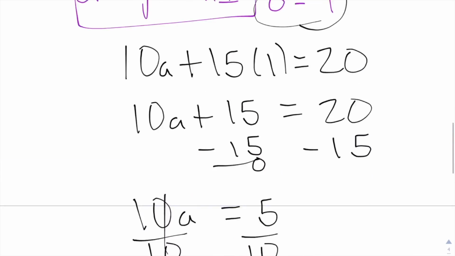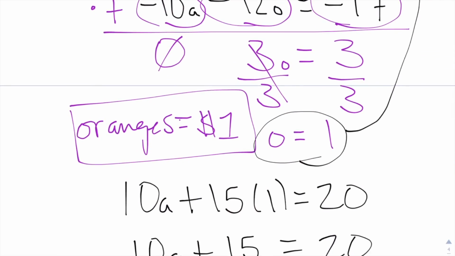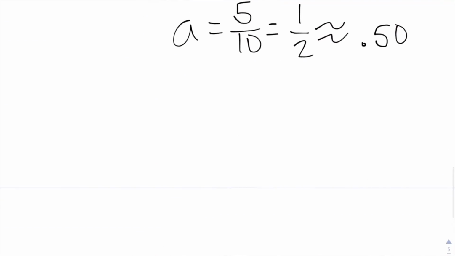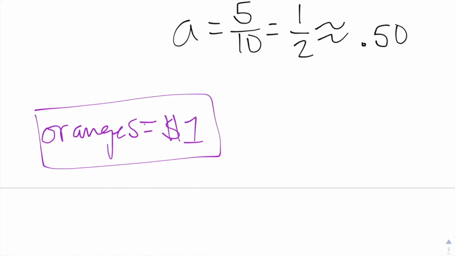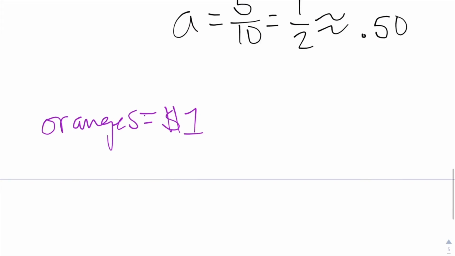Okay? So back to our answer. Oranges were $1 and apples are 50 cents.